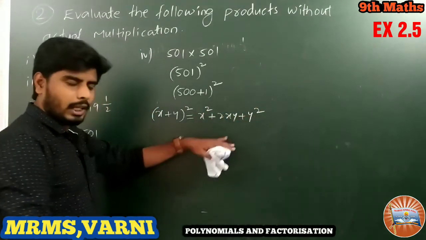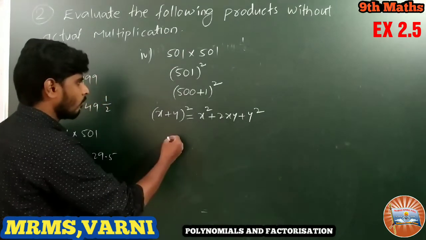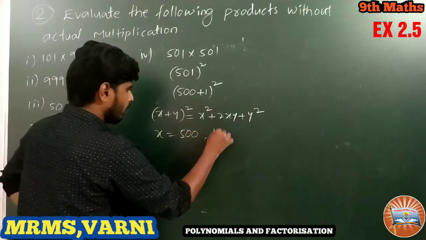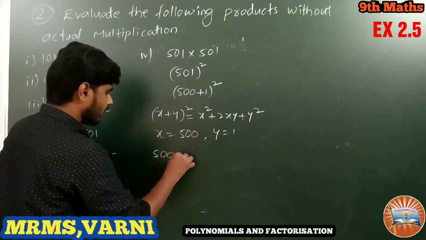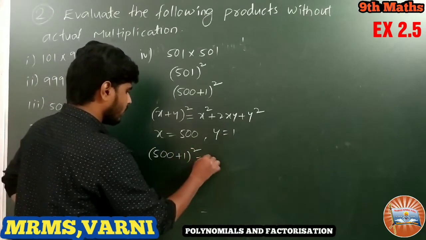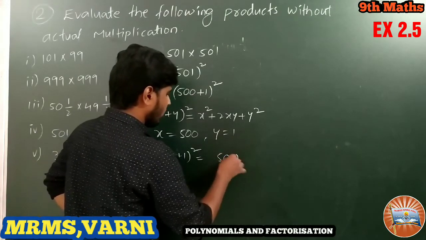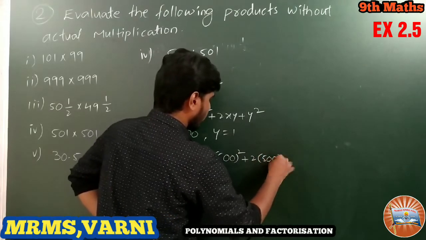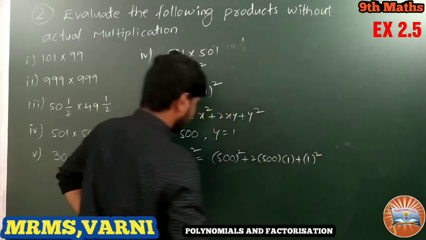This is the identity I am going to use here. So in place of x we have 500, in place of y we have 1. So 500 plus 1 whole square is equal to 500 whole square plus 2 into 500 into 1 plus 1 whole square.